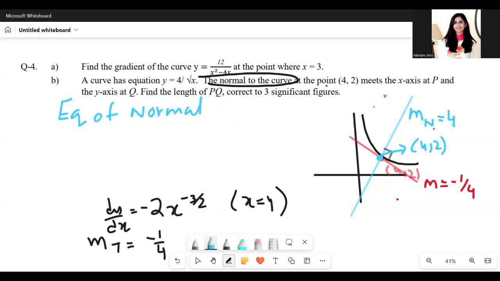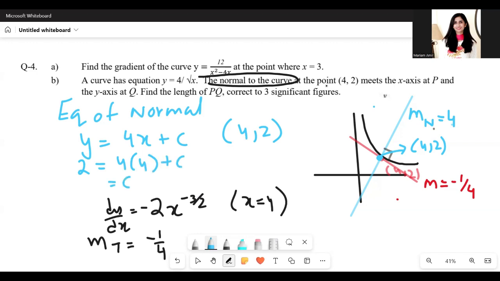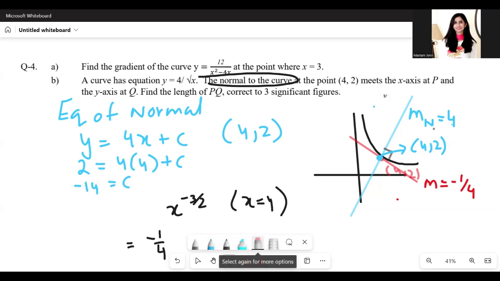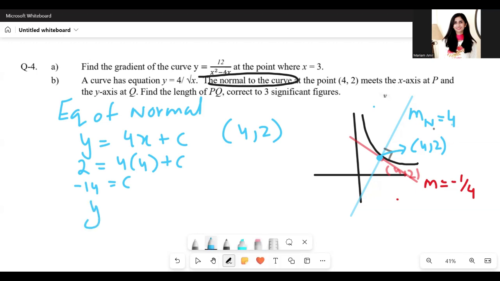It's going to be y equals mx plus c. To find c, you need a point on that line. We're using 4 comma 2. That's the only point we know. So this would be what? Minus 14. So y equals mx plus c. Okay. Just give me a quick second.